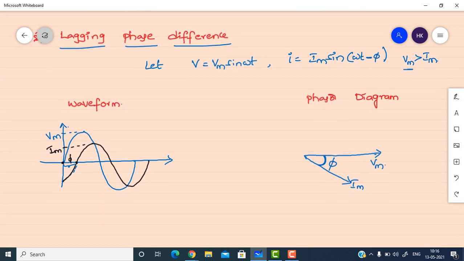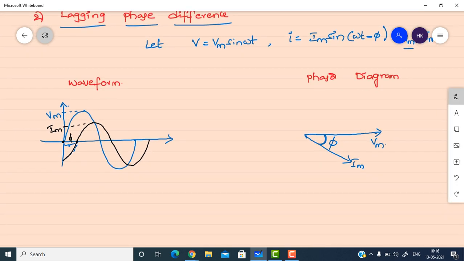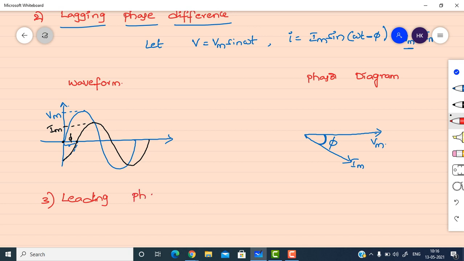In the same way, draw it for leading phase difference. For leading phase difference, again assume V is Vm sin omega t and the current equation is Im sin(omega t plus phi).